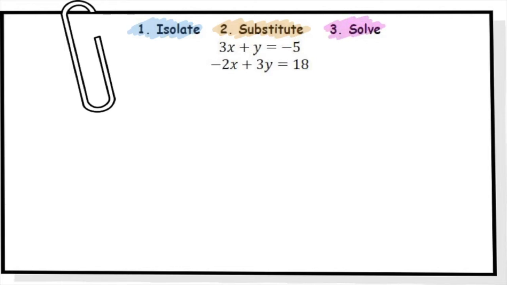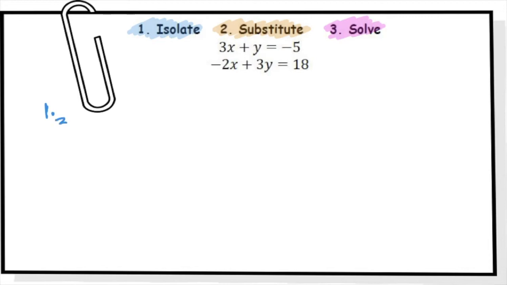In this case, contrary to the previous video, none of my equations have a variable that is isolated. Either x or y is not alone. So that's going to be our first step, isolate. I'm going to pick my first equation for the isolation, step number 1.